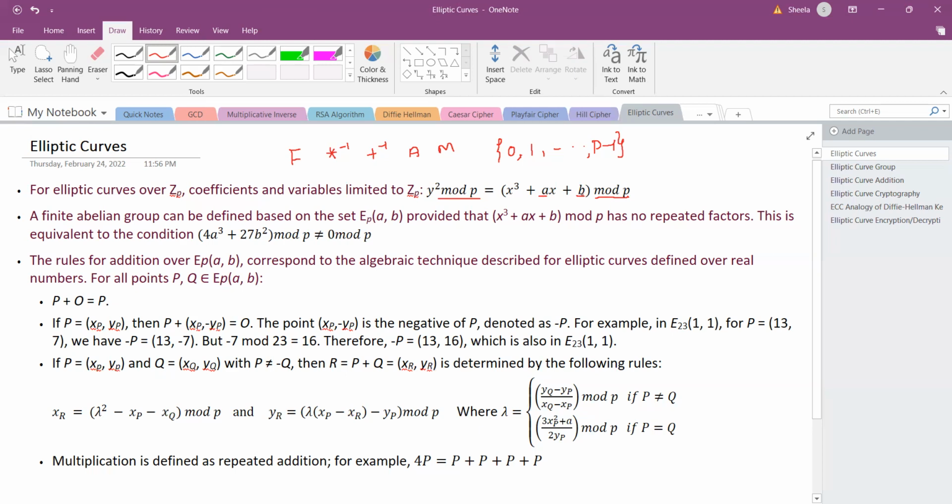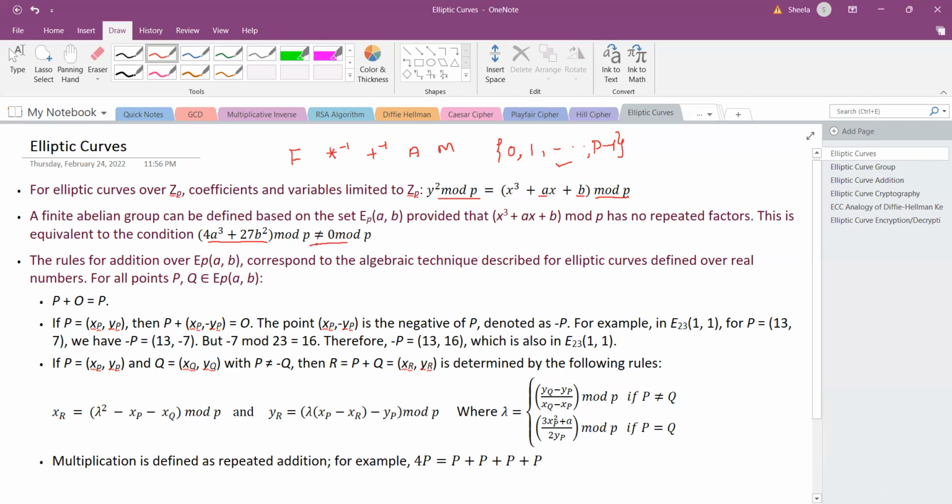You have to consider one more thing: the values a and b must also belong to the same set, that is, 0 to p minus 1. We cannot choose a and b randomly. When we select the values of a and b, we have to check whether they satisfy the condition that 4a cube plus 27b square mod p must not be equal to 0.